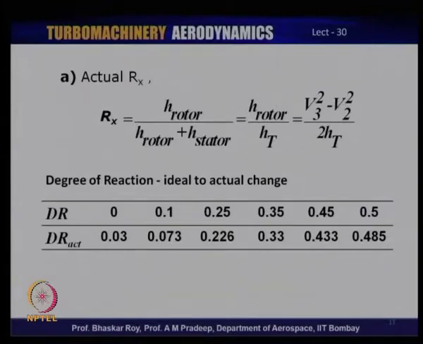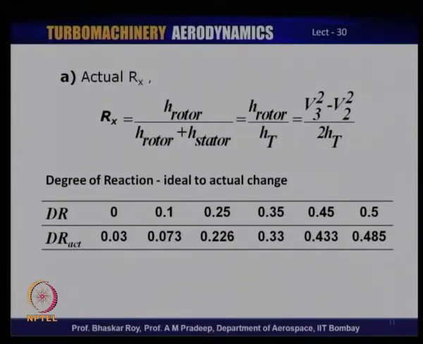Now, if you take a more realistic value of degree of reaction and the prima facie degree of reaction that may have been calculated earlier from the cycle analysis, one finds that when you get down to turbine design, the actual value slightly varies from that of the original definition or values that may have come out of the earlier detailed cycle analysis.